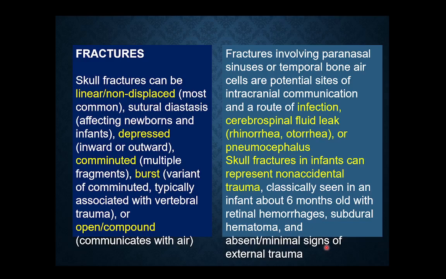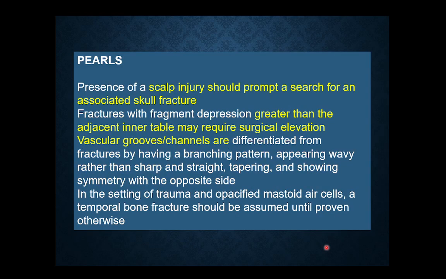Okay, there are different types of hemorrhages which we're going to discuss. One important point mentioned in this slide is the clinical significance when you are suspicious of a depressed fracture. If we have the skull bone, this is the outer table, inner table, and in the middle the diploic space.